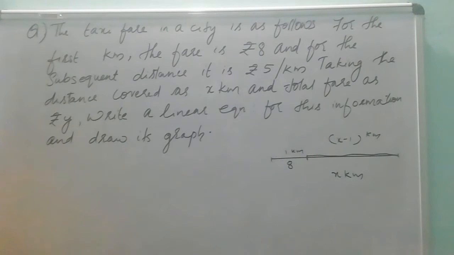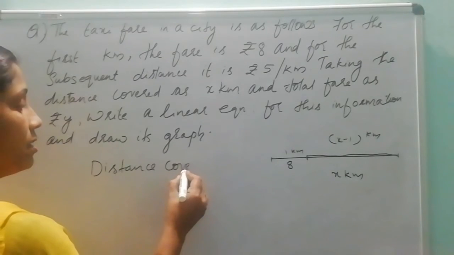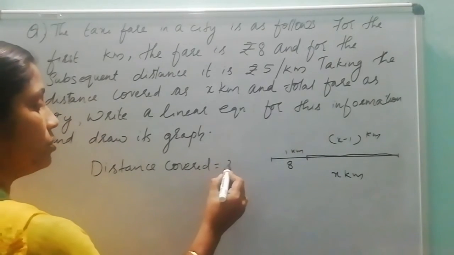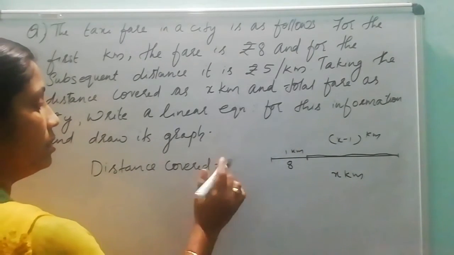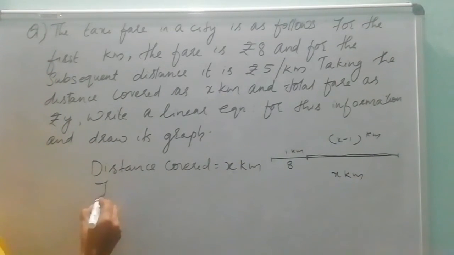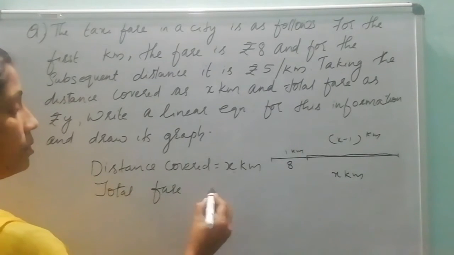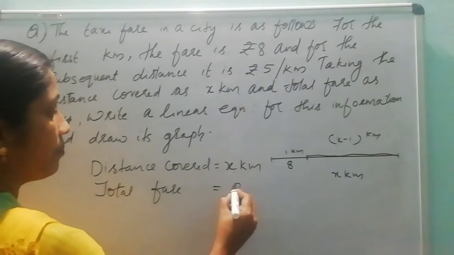Now we can find the linear equation. First, write the distance covered is x kilometers, and the total fare is rupees y.